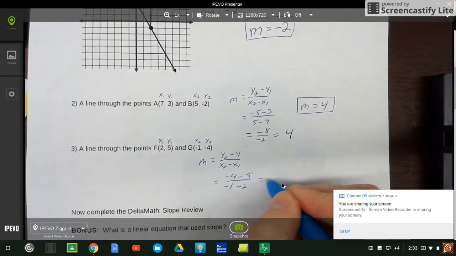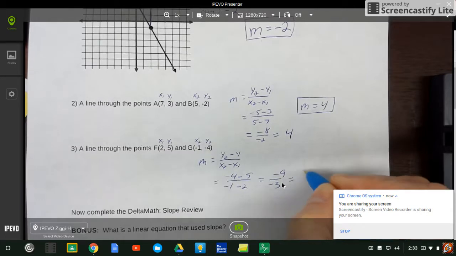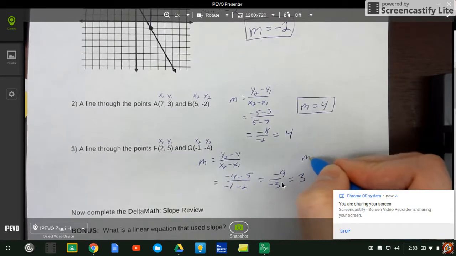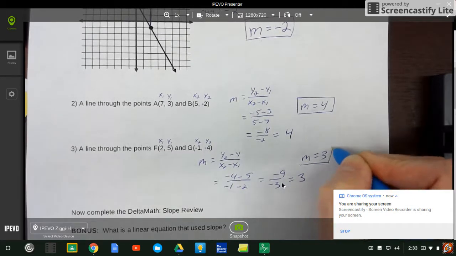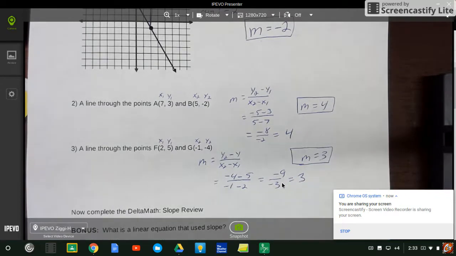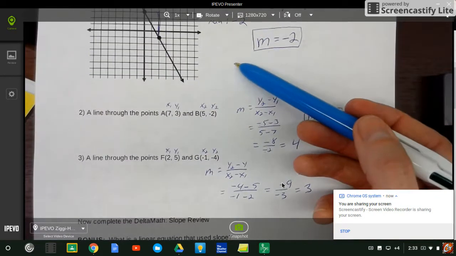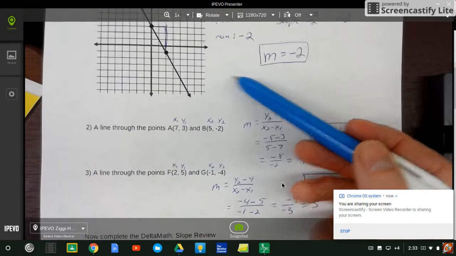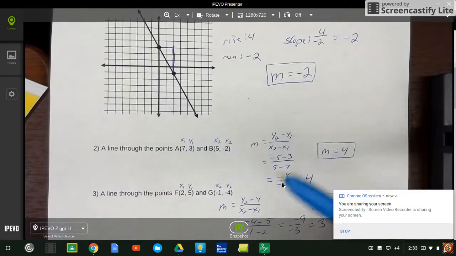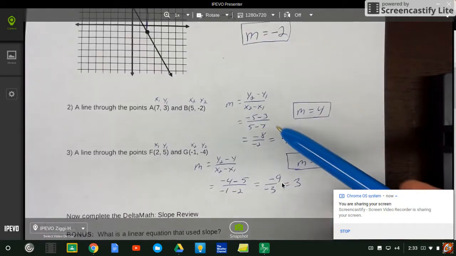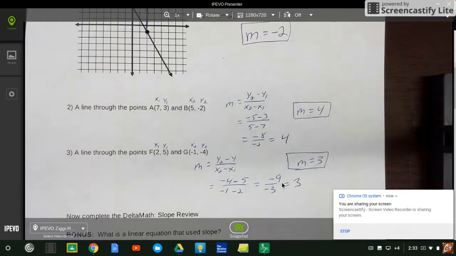So that's going to give me negative 9 over negative 3, which simplifies to just 3. So the slope is 3. Okay, so now you've seen some examples of finding slope with a graph. And you could also do this one with points too if you wanted to. You could find slope using just points, either way.